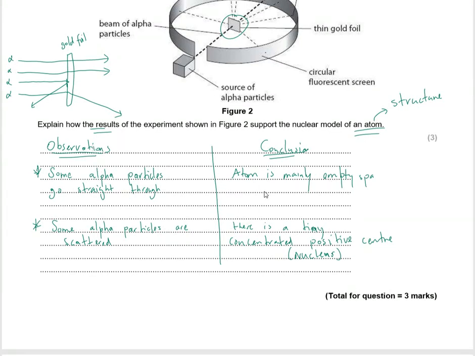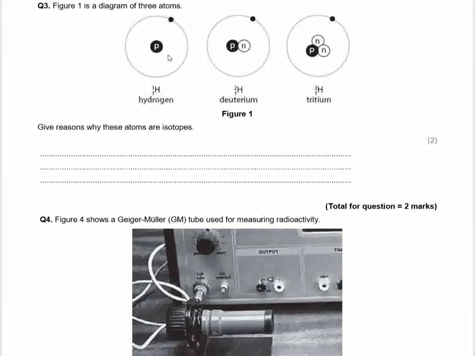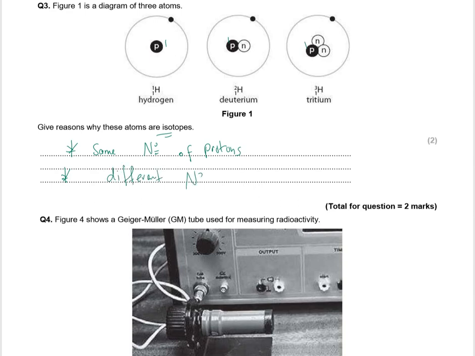Okay, so we need to see this. Alright, now we have isotopes. So this question should be easy, because all you need to say is isotopes, because they have the same number of protons. Okay, so there's 1 proton here, 1 proton here, 1 proton here, but a different number of neutrons.